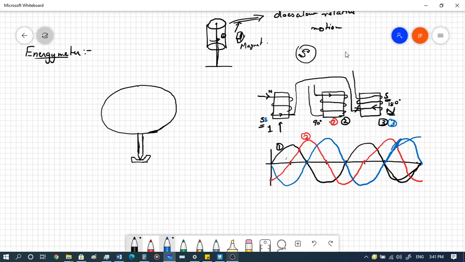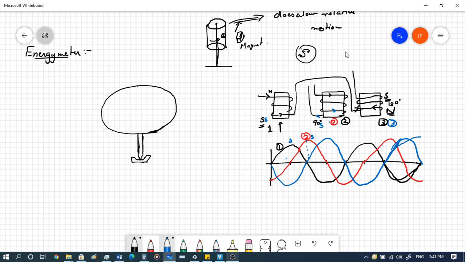At 90 degrees 2 has a 0 magnitude, and let's say here also you have a south pole that is forming, right? Let's say there is a south pole that is forming at 180 degrees. 2 is at maximum, right? So here you have a south pole for 2 at 180 degrees.